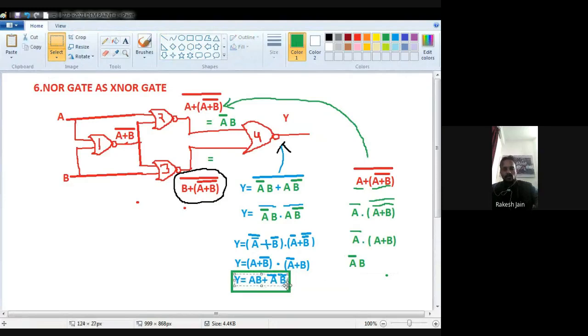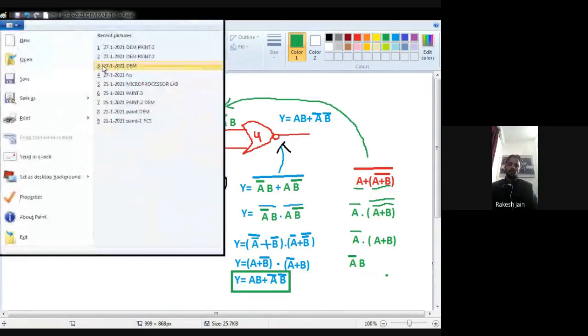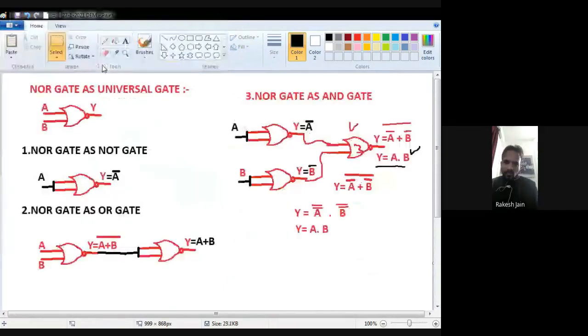And this is the output of which gate? This is the XNOR gate. So finally y is equal to AB plus A bar B bar. So this is the circuit, and this is the simplification of how a NOR gate will behave as an XNOR gate.